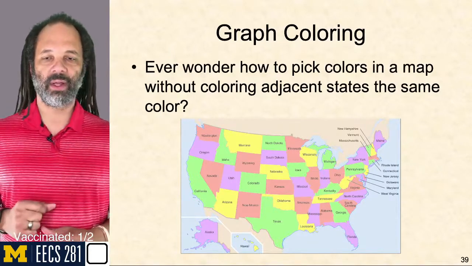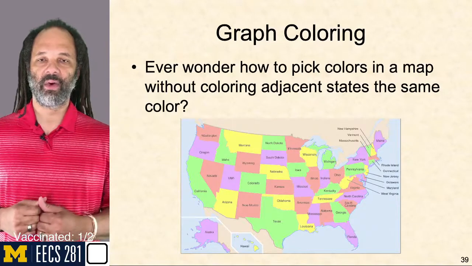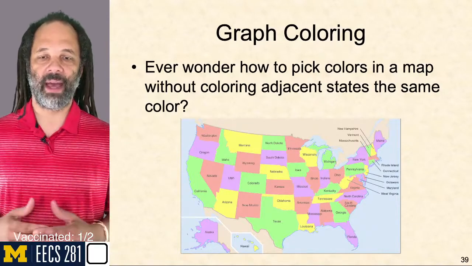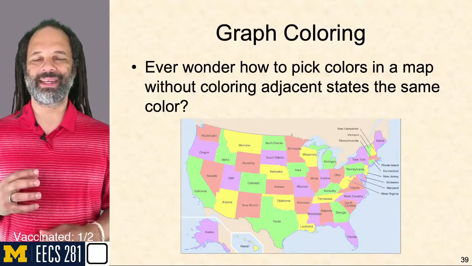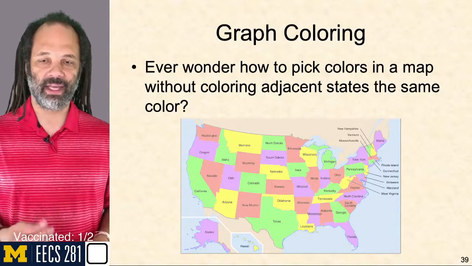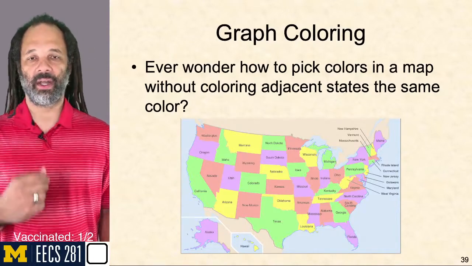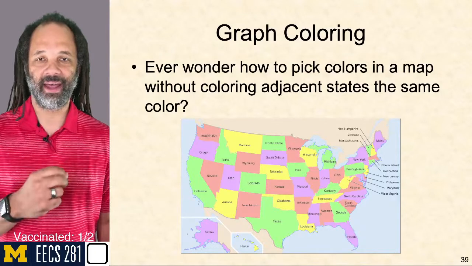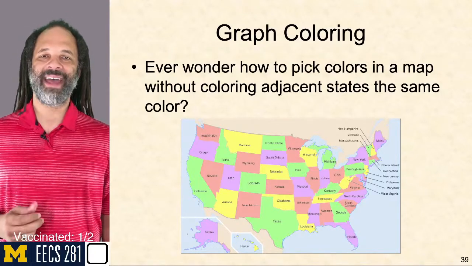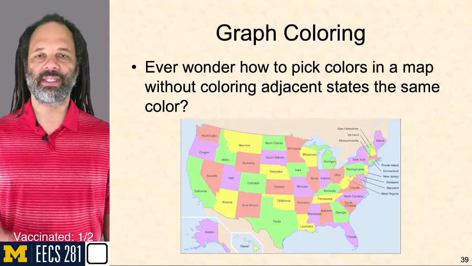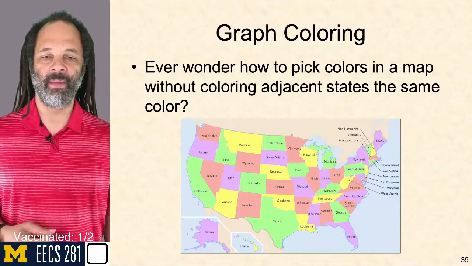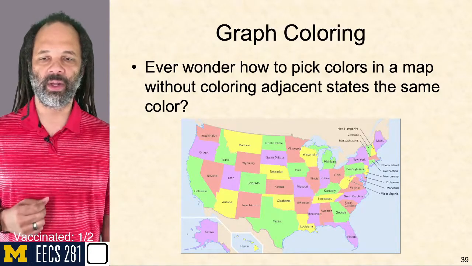How does that work? This is just a graph. We call it a map. It's a cartographic map. But if I represent each one of these states as a vertex, California is a vertex, Oregon is a vertex, Nevada is a vertex. And then if 2 states have a border between them, I just draw an edge between those 2 vertices.